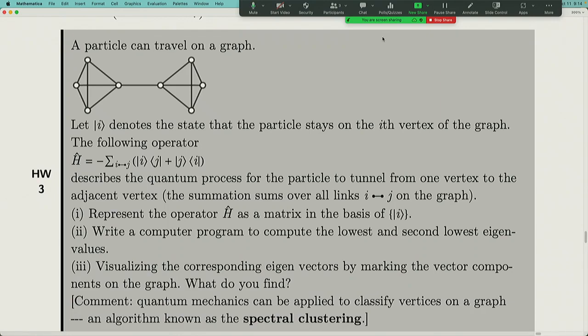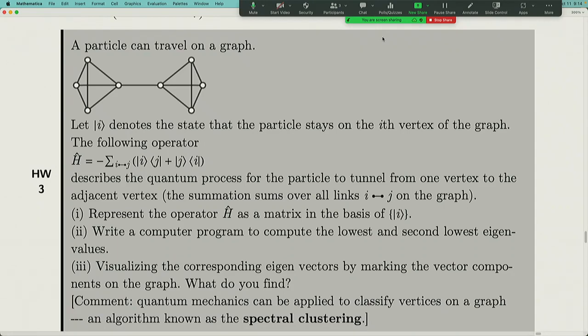So you can plot them by drawing a graph and putting colors on the vertices. Maybe red means the value is positive and blue means the value is negative for these eigenvector components. Then try to visualize what you find for the lowest and second lowest eigenvectors.